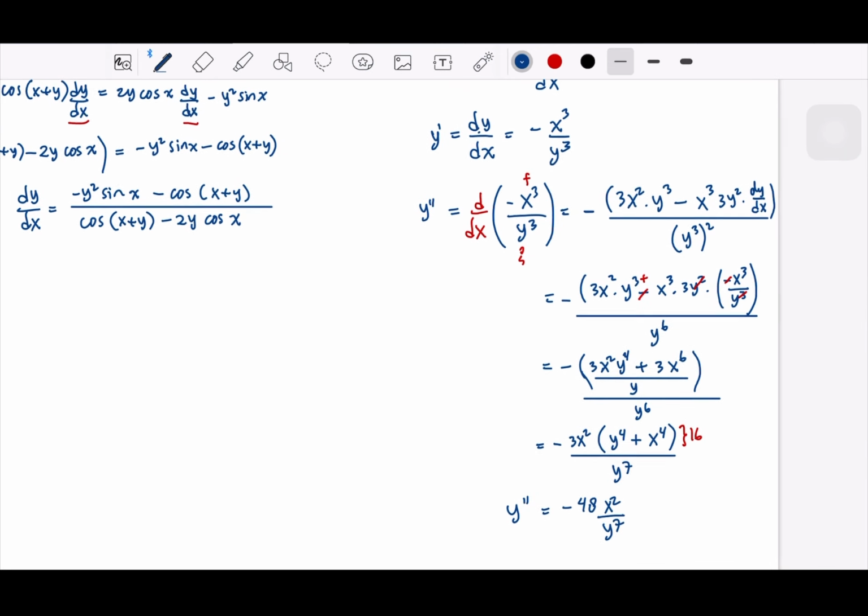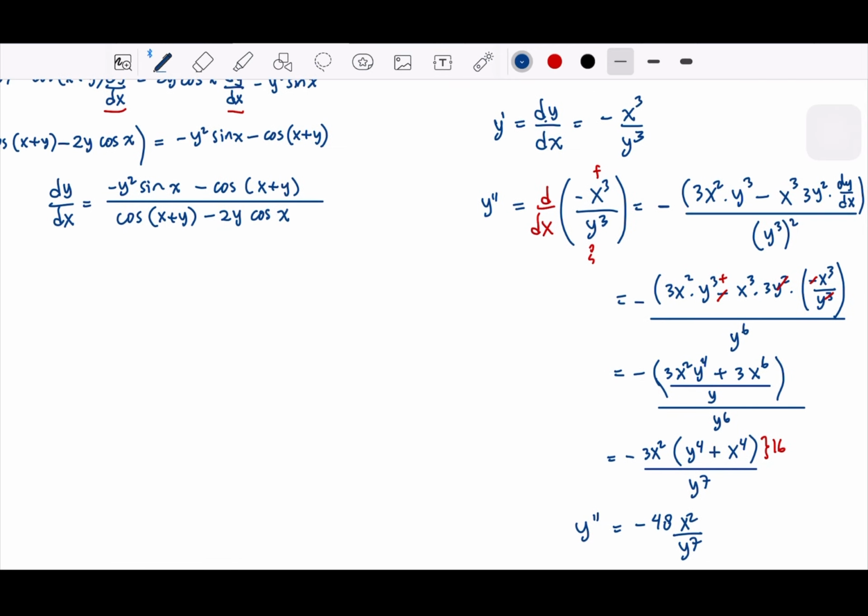Okay, any questions? Yeah, it seems complicated on the second part here. But actually in implicit differentiation, when we derive the second time, we are pretty sure that somewhere in between the process we are going to get the dy over dx.